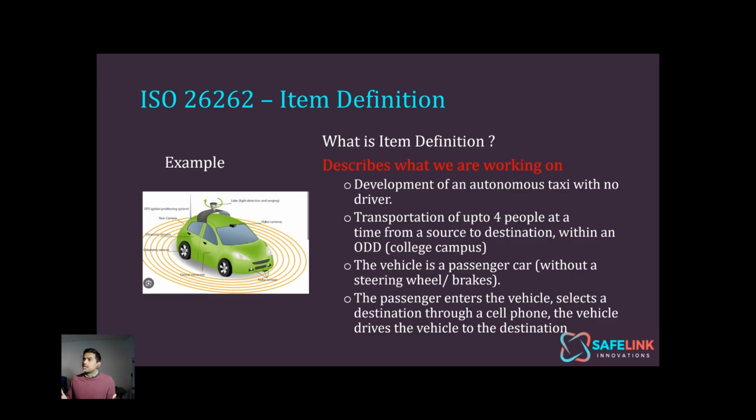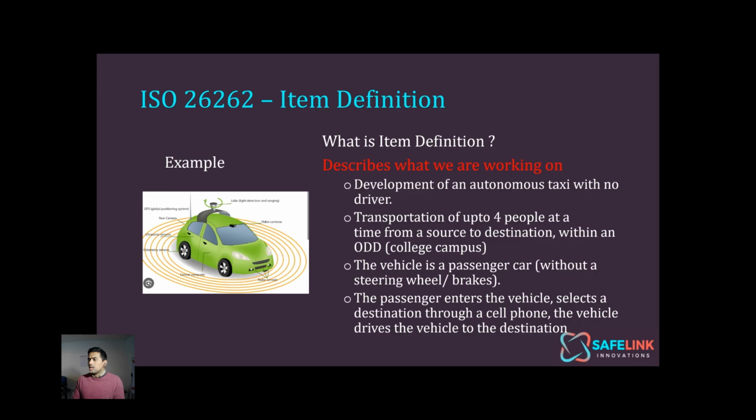The item definition essentially describes what we are working on. Let's take the example of an autonomous taxi, and let's say that it's driving in a neighborhood without any driver in it, without any steering wheel or brakes for a driver. Well, there is a steering and a brake system, but not controlled by the driver.